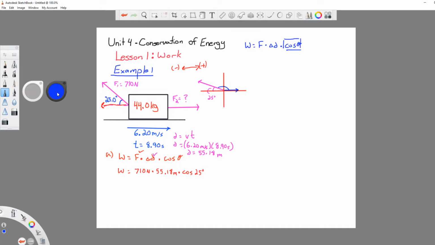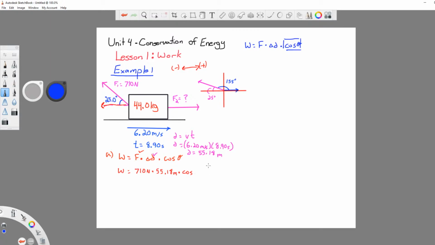And so if I were to calculate that, this would be 180 degrees minus 25 degrees. So it'd be 180, 170, 160, 155 degrees difference between our applied force and our motion. So rather than using this cos 25 degrees, because this is opposing motion, I'm going to switch this up.